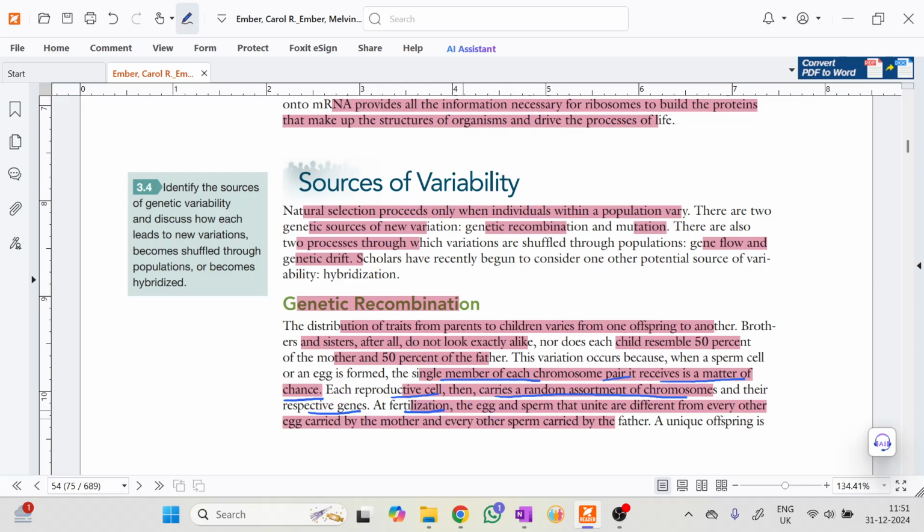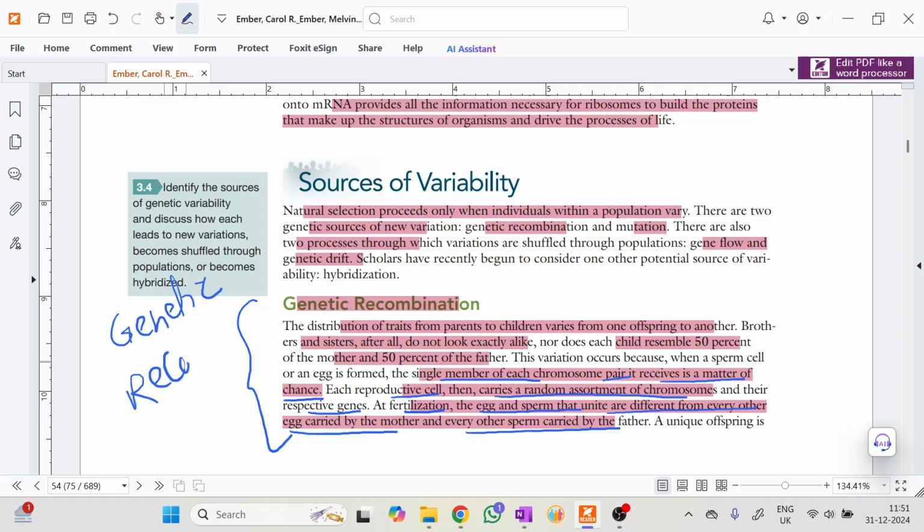Then at fertilization, the egg and sperm that unite are different from other eggs carried by the mother and every other sperm carried by the father. So this is how genes are recombined, which is known as genetic recombination.